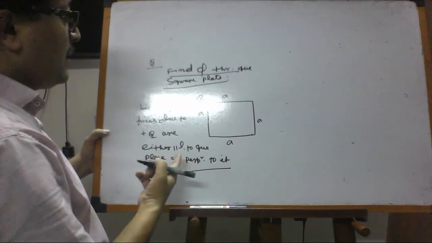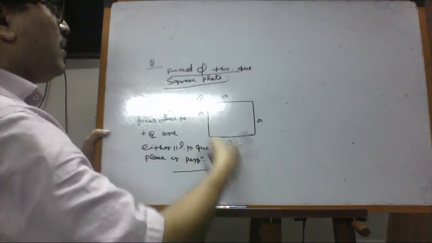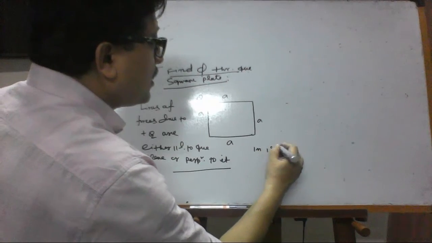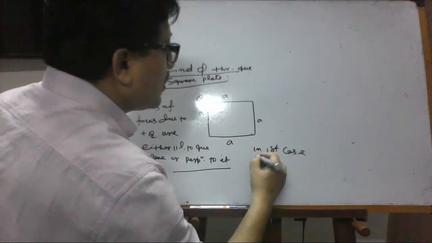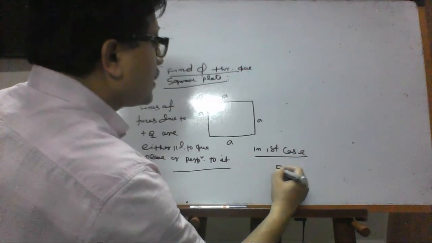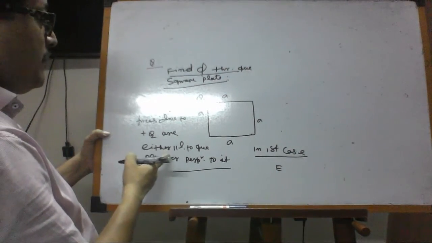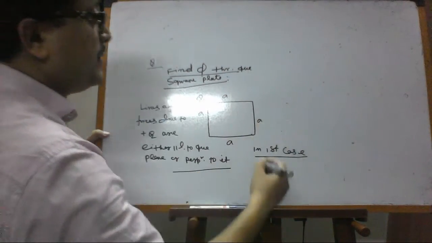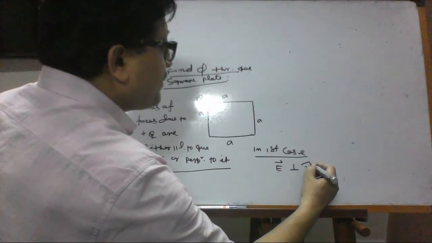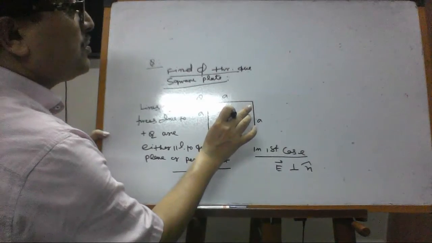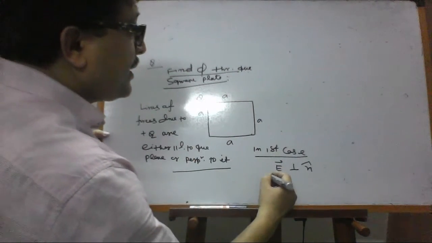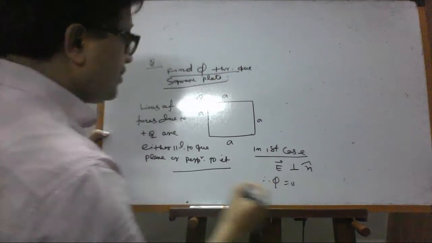When it is parallel, lines of forces go this manner or this manner. In the first case, means parallel to the plane, E and n cap, which we have taken for the normal drawn to the surface under consideration, E is perpendicular to n cap, so phi equal to 0.